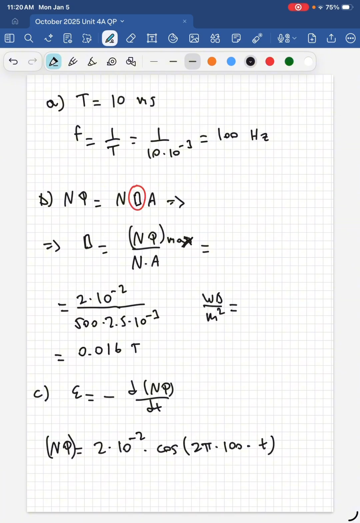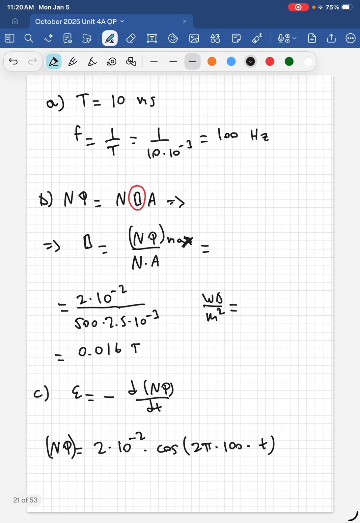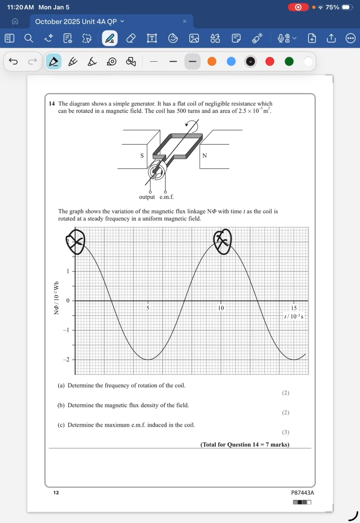Don't get scared, but if t is 0, notice that we get the cosine of 0, and the cosine of 0 is 1. Therefore, N phi is 2 times 10 to the negative 2 Webers.